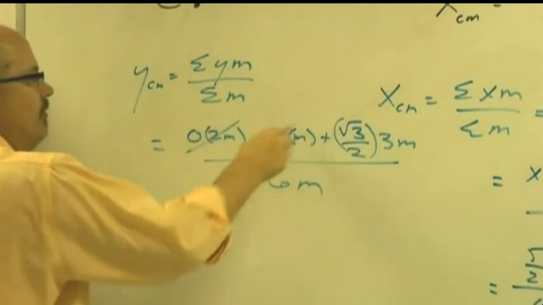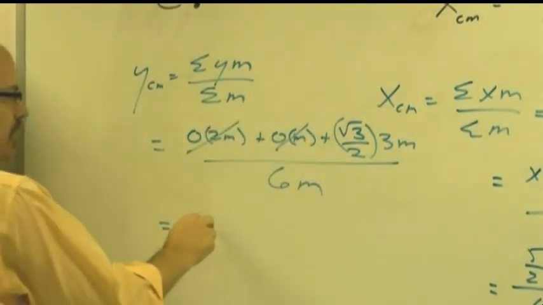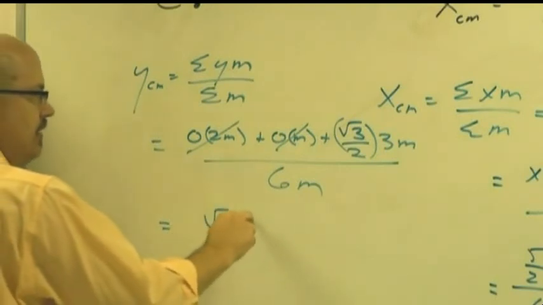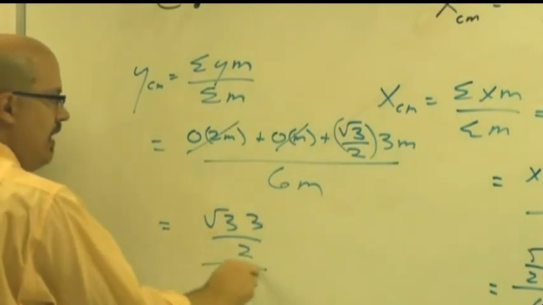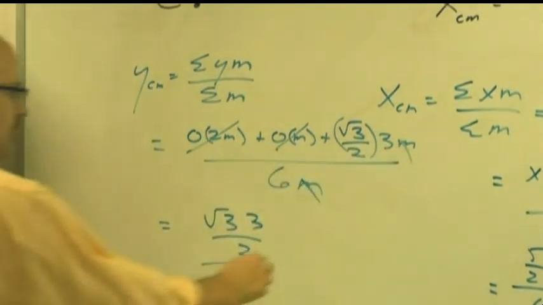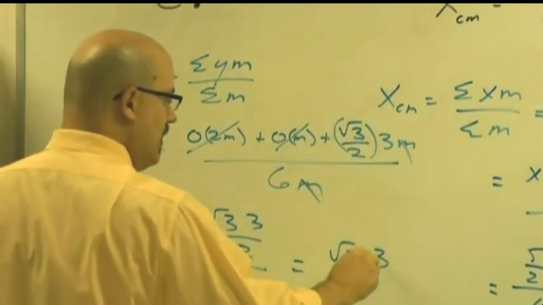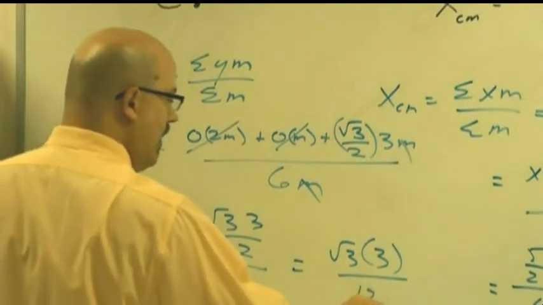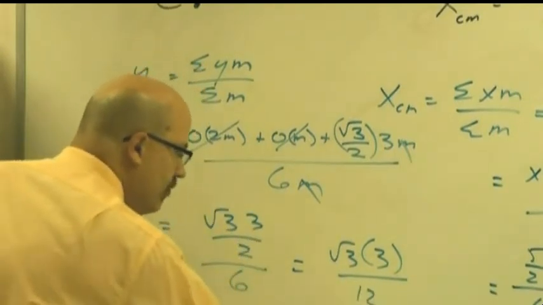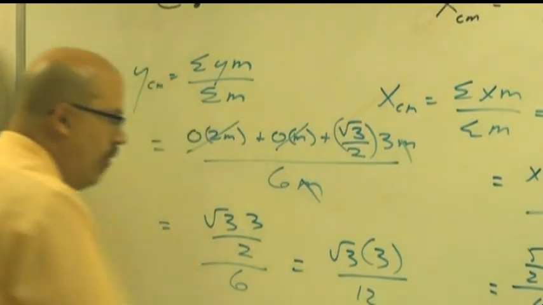Okay, well that goes away and that goes away. So I end up with square root of 3 times 3 over 2 divided by 6, and my m's go away. So that is square root of 3 times 3 over 12. So that's square root of 3 over 4.